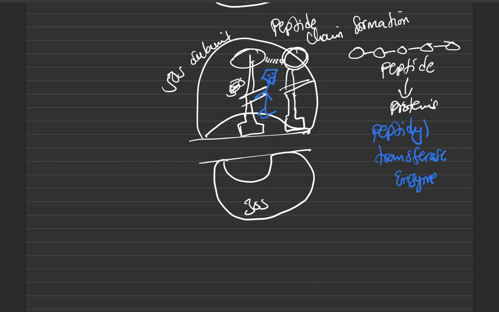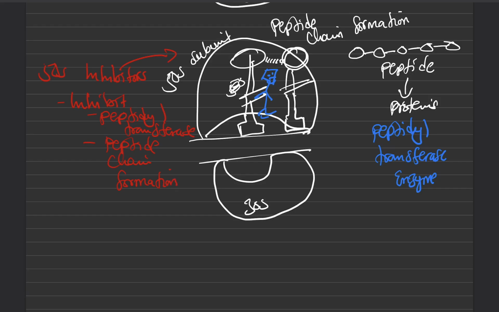Drugs, therefore, that inhibit the 50S subunit, we call them 50S inhibitors. 50S inhibitors simply inhibit peptidyl transferase and eventually inhibit peptide chain formation.